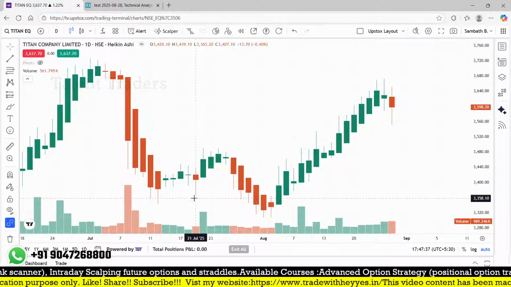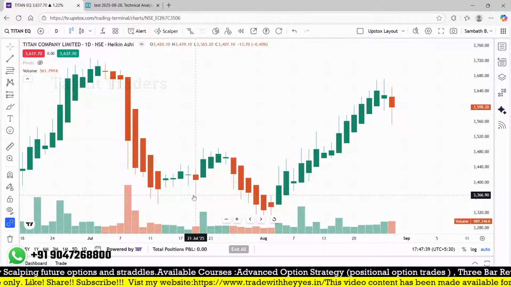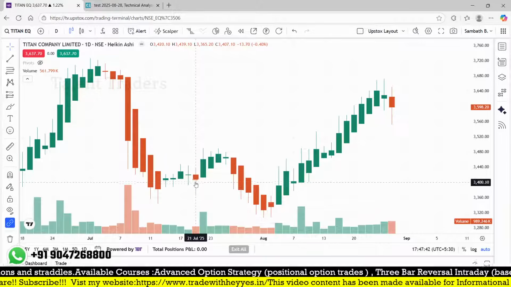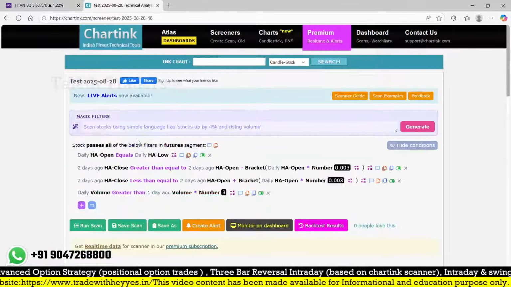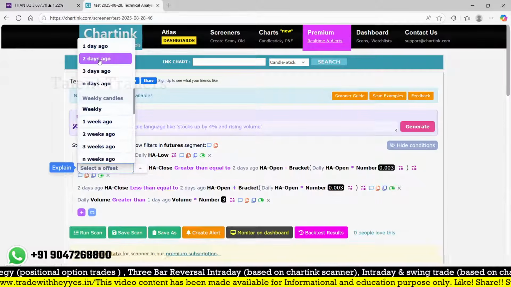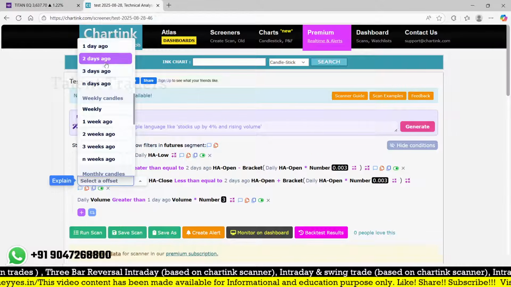Maybe this is the point. So 3 times the previous day volume, and this looks like it's not about a doji. Sorry, the previous one is a doji because we used 2 days ago. So here we are removing it, we'll change it to 1 day ago, then it will work.